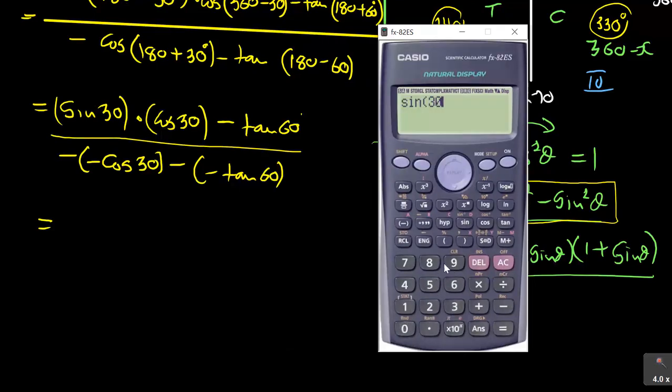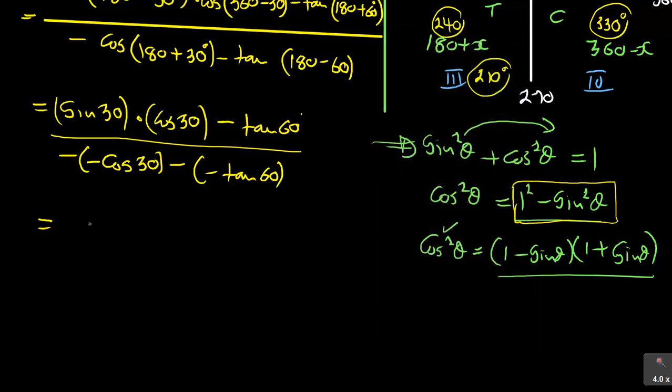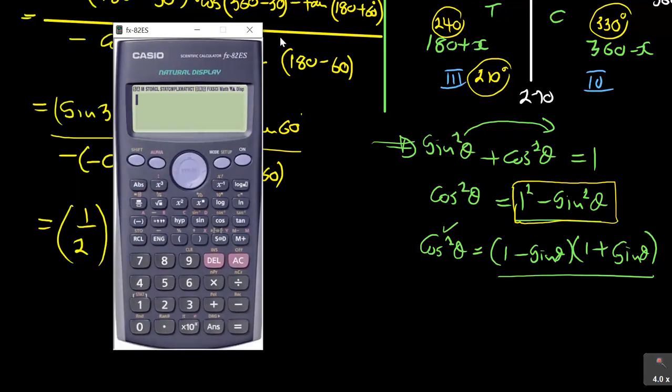So my sine 30, I can now put, you see it's a half. What about my cos 30? My cos 30 is root 3 over 2. So I've got 1 over 2 on top, and then I've got root 3 over 2 minus, then I look at tan 60.